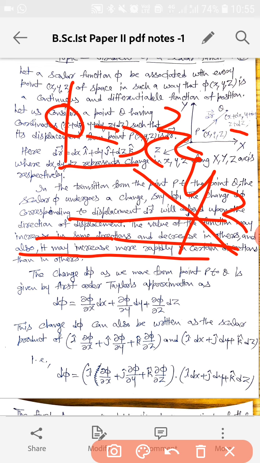So the increase in x will be many times that in y and z. So this change in different directions will be different depending on how our phi function is defined on the variables x, y, and z.